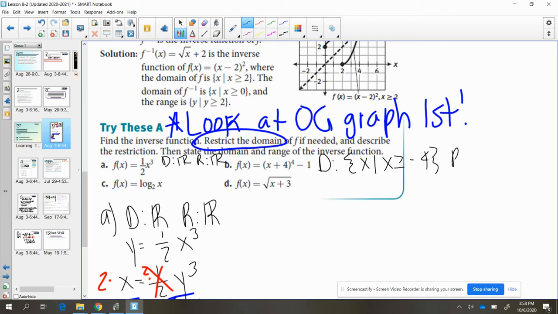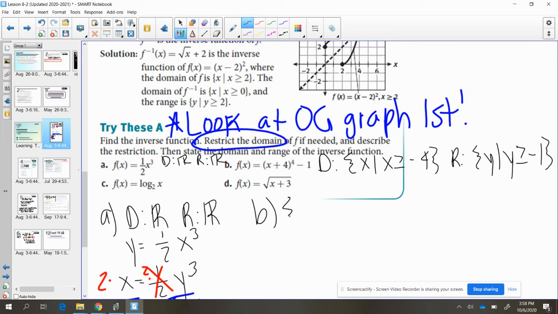Okay, so I'm going to write that down. Well, what this means is that for our new function, the domain and the range again flip-flop.